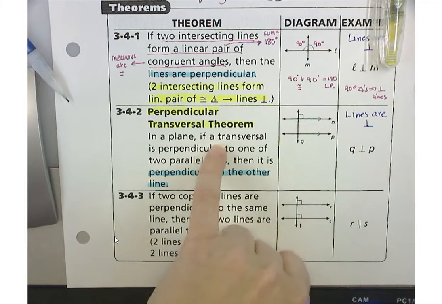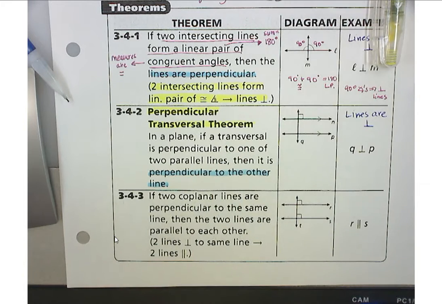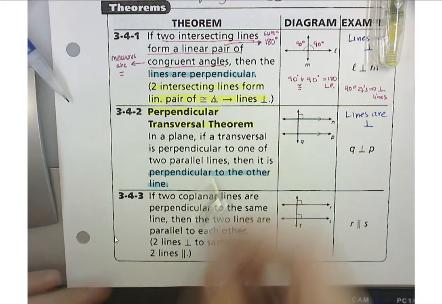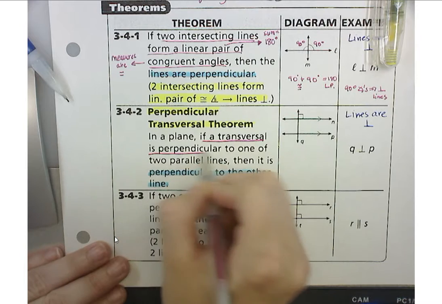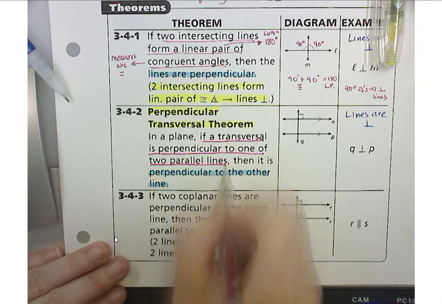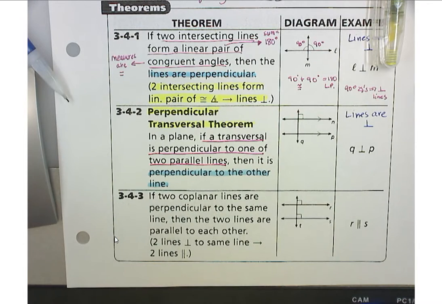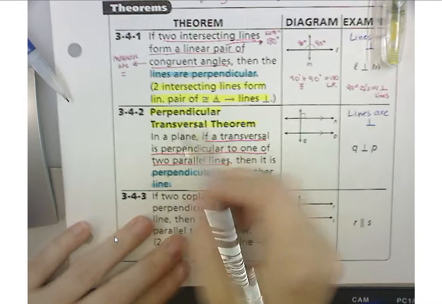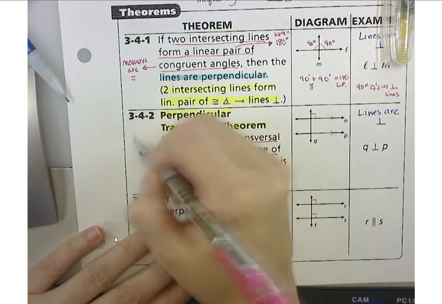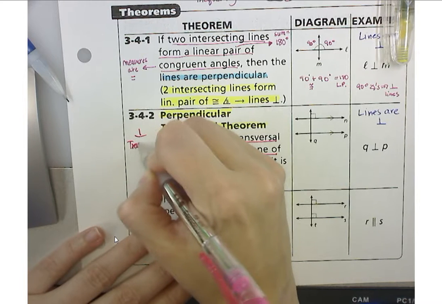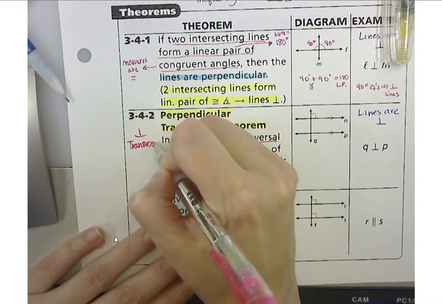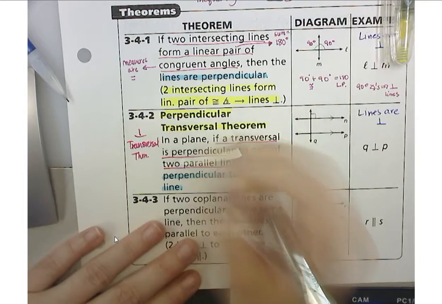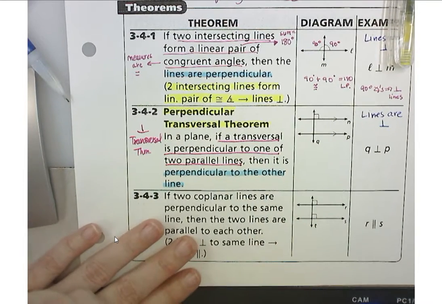So it has to be that if a transversal is perpendicular to one of two parallel lines, then it is perpendicular to the other line. So that's what we showed in our first activity today. When you are using this in a proof, you could write perpendicular transversal theorem. Okay, so for perpendicular, you can go ahead and abbreviate that.